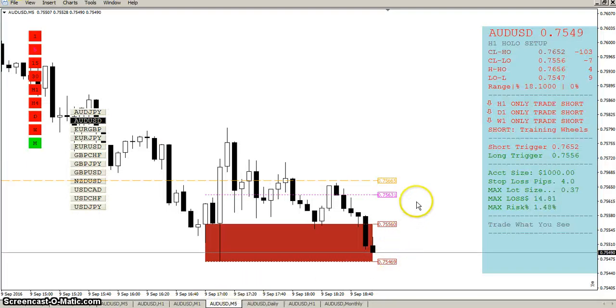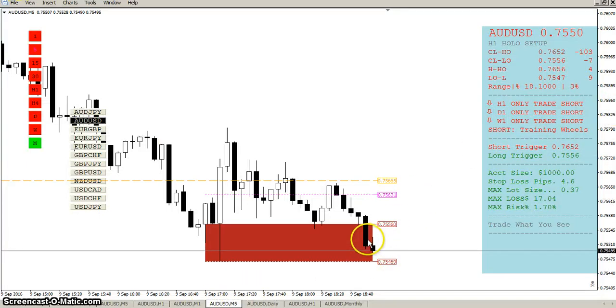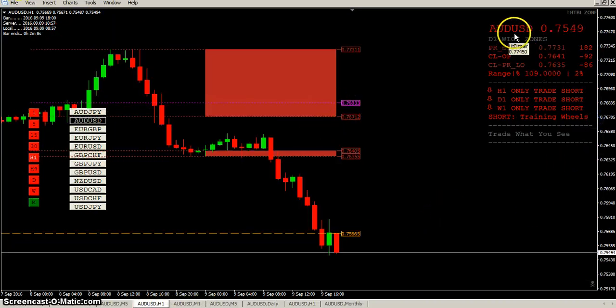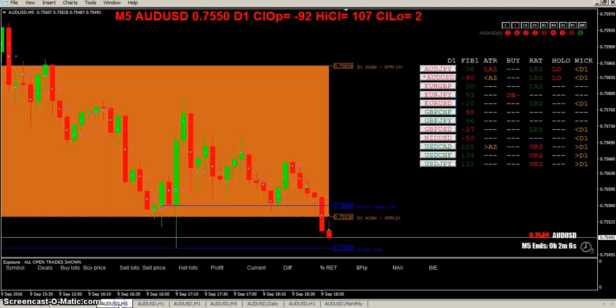And here's the holo. And what we were looking at, I got lost here. This is funny. We're actually looking at the wick zone indicator. Okay, you can see here that the AUD USD cut through the wick zone and dropped like a rock.